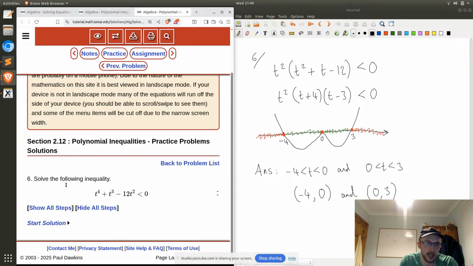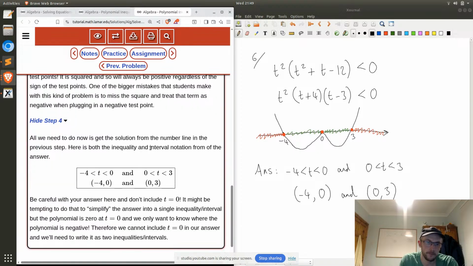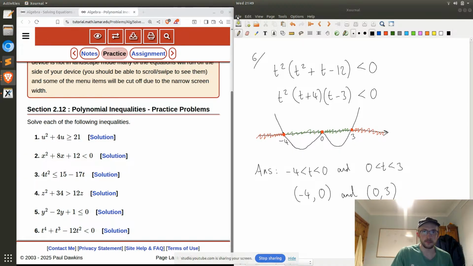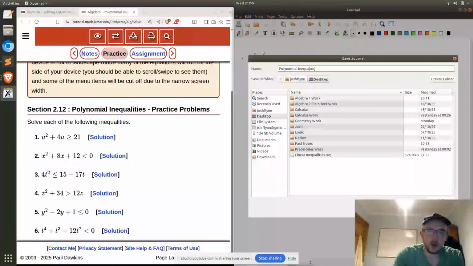We must check everything. And that is correct, and that is good. It's good to be correct. So save as polynomial inequalities and begin again.